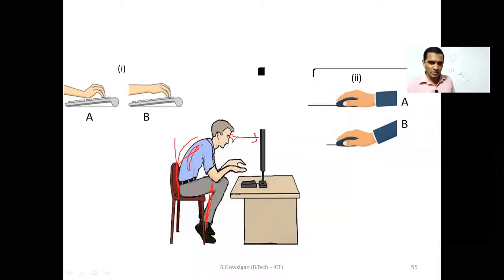Maybe in this picture we can, because it seems that the person is too close to the monitor. But for exams, such things are very tough to identify. Even if you write an answer like this for this diagram, definitely we have to accept it. So your answer can be okay, but sometimes it is tough to recognize. The distance between the eye and the monitor seems to be too small, right?